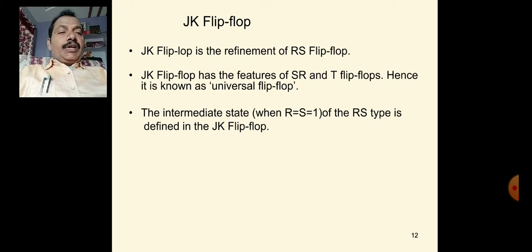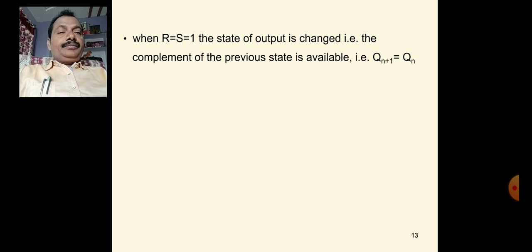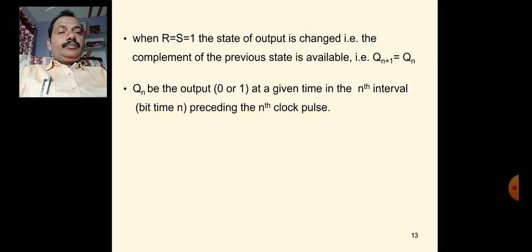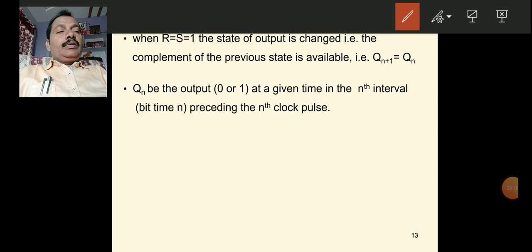That is the intermediate state, that is when r equals 1, s equals 1 of the RS type. So that condition is defined in the JK flip flop. When r equals s equals 1, the state of the output is changed, that is the complement of the previous state is available, that is Qn plus 1 is Qn bar.